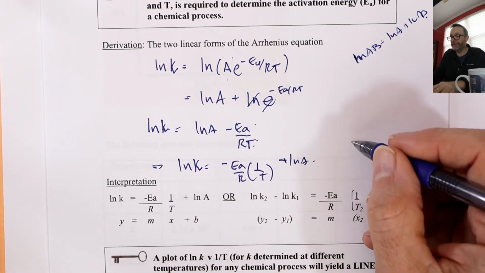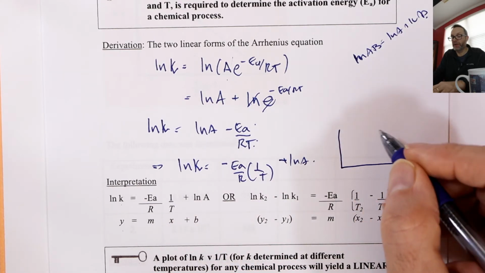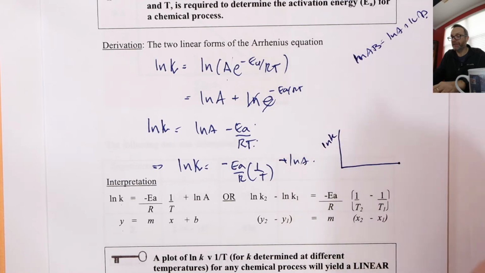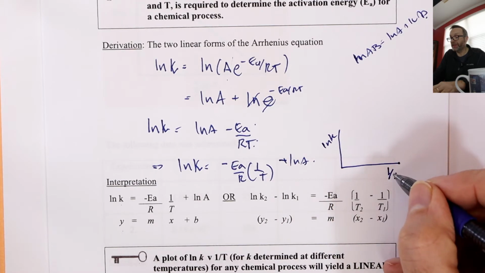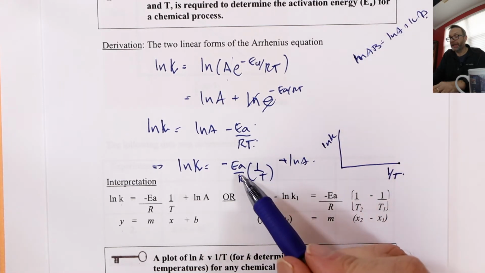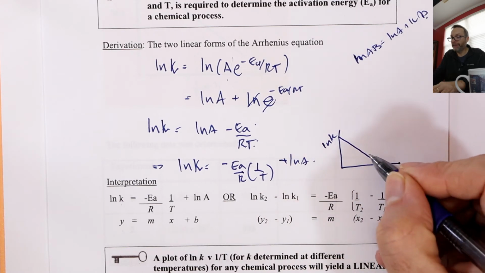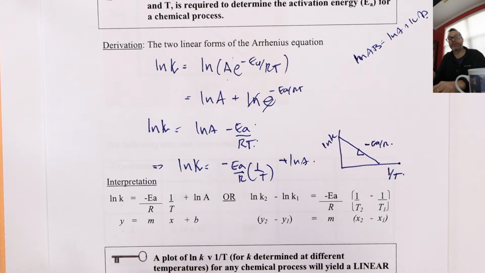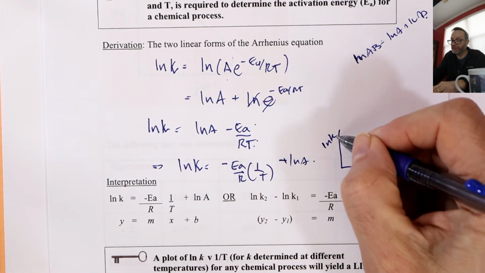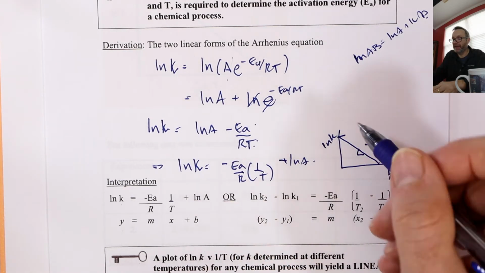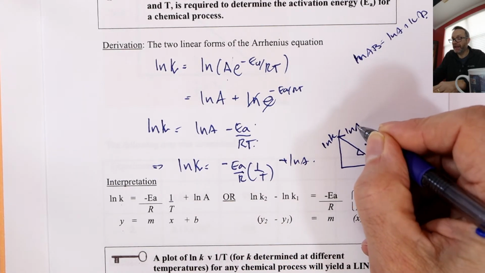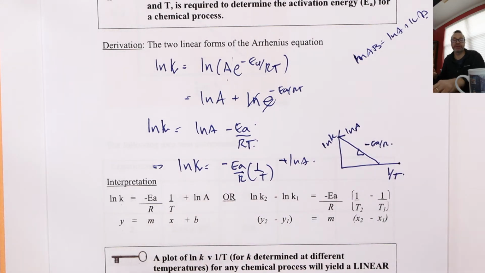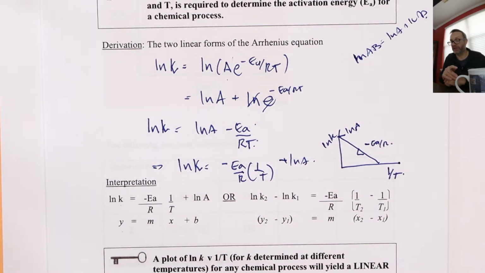So if I plot natural log of k up the side, reciprocal of temperature along the bottom, I get a negative slope of minus EA over R. So if I take the slope, multiply it by R, that's EA. Fantastic. That's what we want. And the intercept is ln A, so that constant. Wherever it hits the axis, that's that constant.